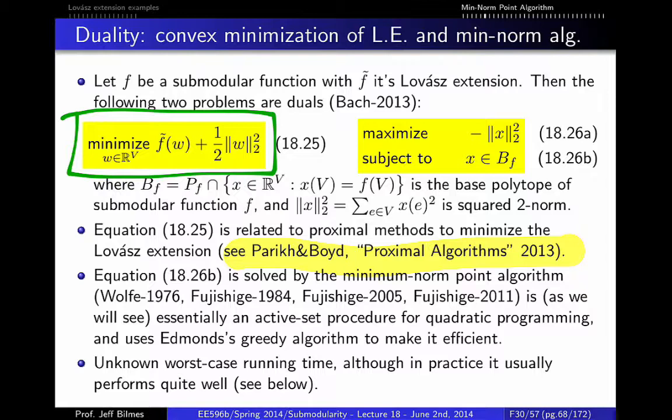So what we're going to be doing, the minimum norm point algorithm, is an efficient algorithm for minimizing the dual of the Lovász extension, or the proximal variant of the Lovász extension. And that's what Wolfe's algorithm does.